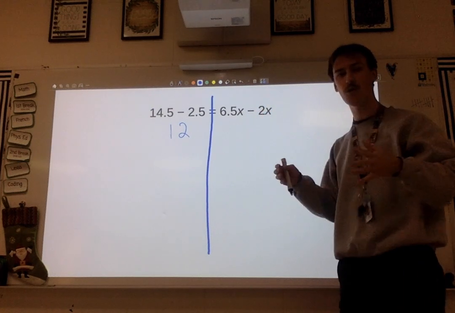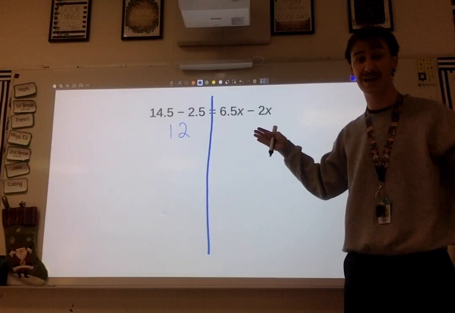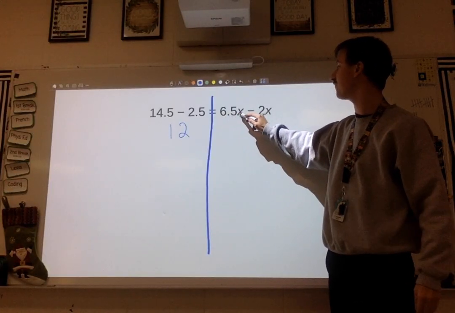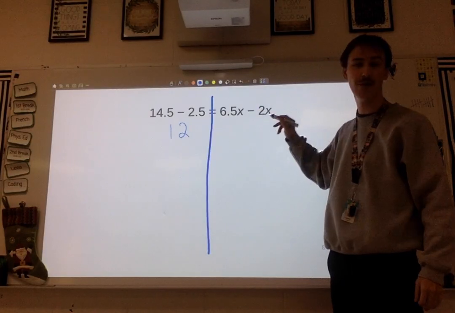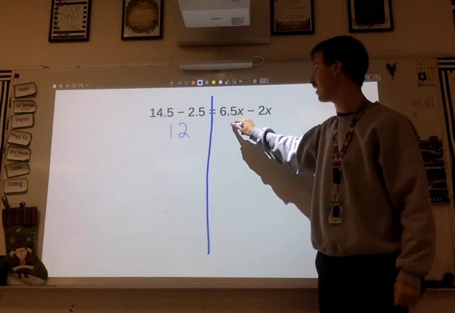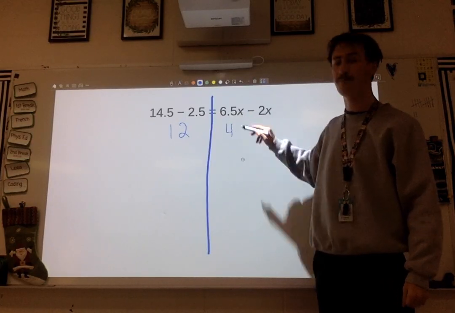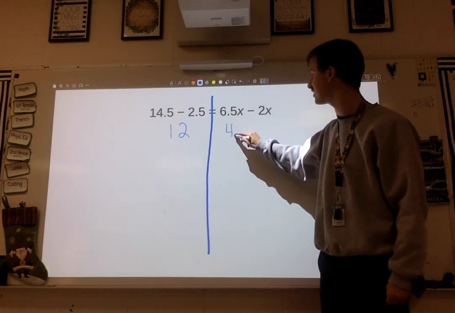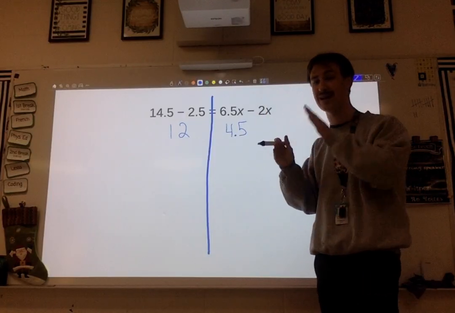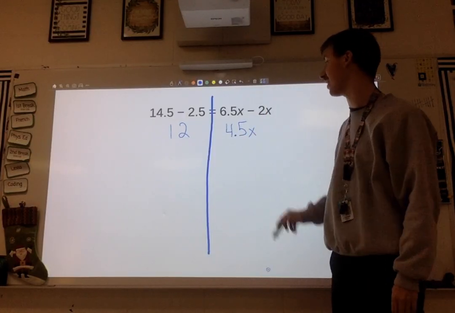And since we don't know what number it is, we can't do the multiplication. Has to stick together. So our 6.5x, we're taking away 2 x's from that. 6 take away 2, that is 4. The 0.5 is staying the same. And as I said, the x, it is glued to it. It is staying. So we're keeping an x.